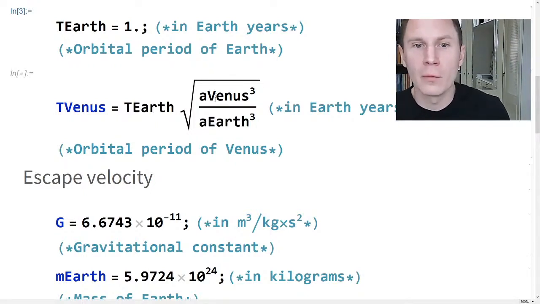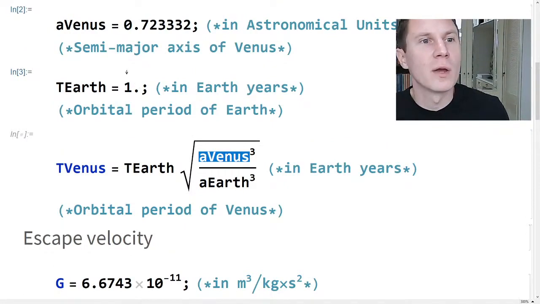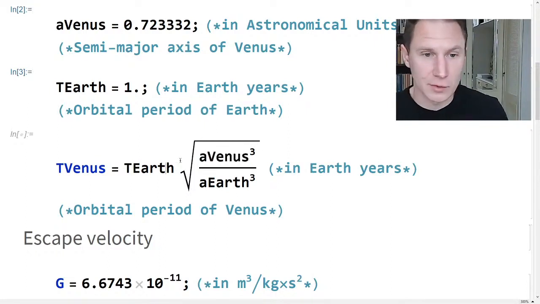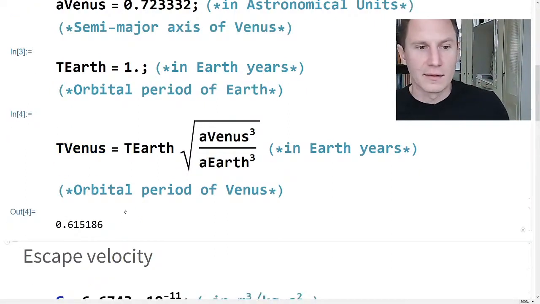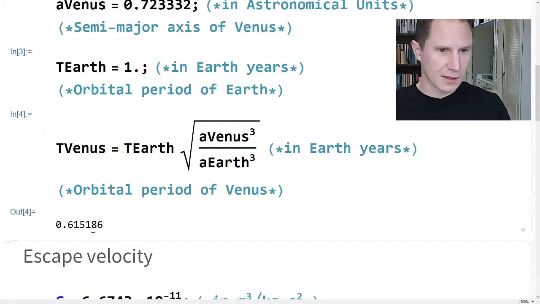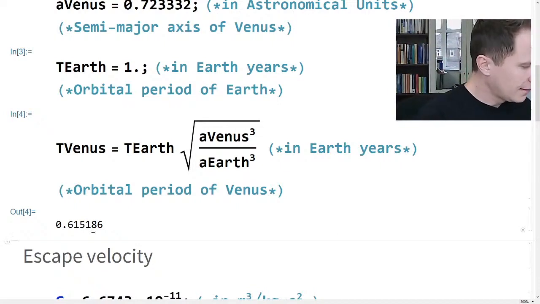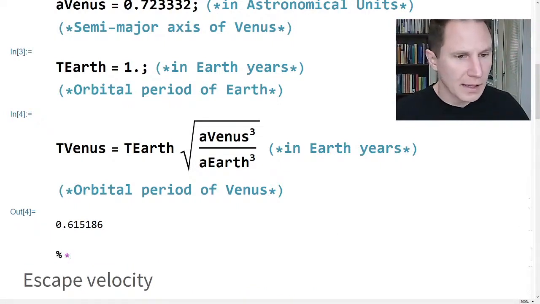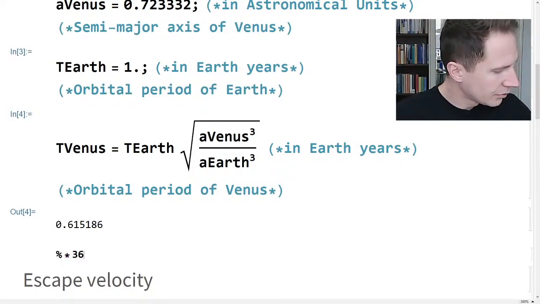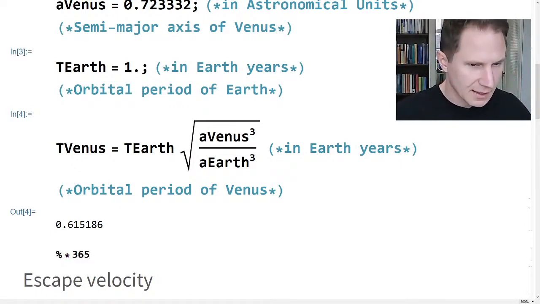So all we are doing is taking this number 0.7, raising it to the third power and taking its square root. So what we get is this number, 0.615, and this is in Earth years. So let me multiply that number by 365.25.